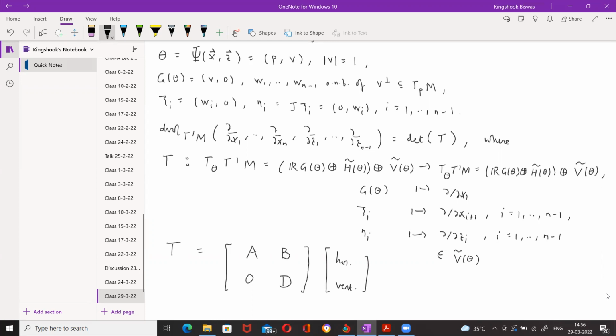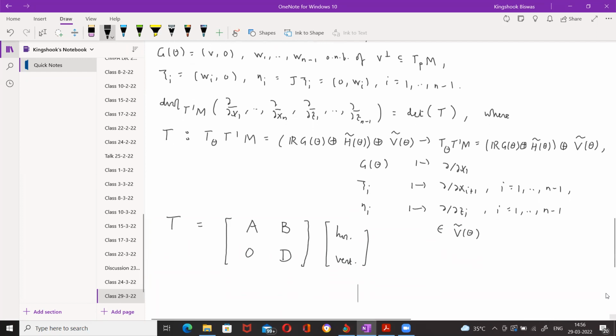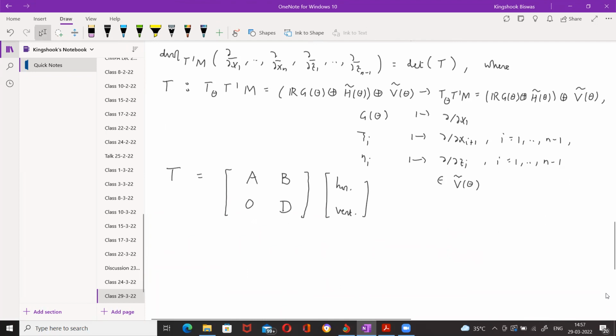Is this correct? Any questions? So T acts on horizontal and vertical, so this goes to horizontal and vertical.